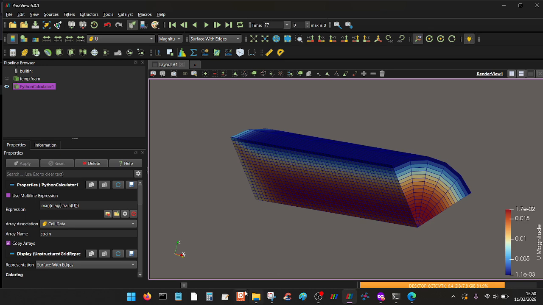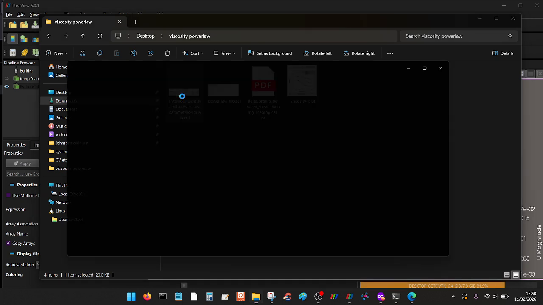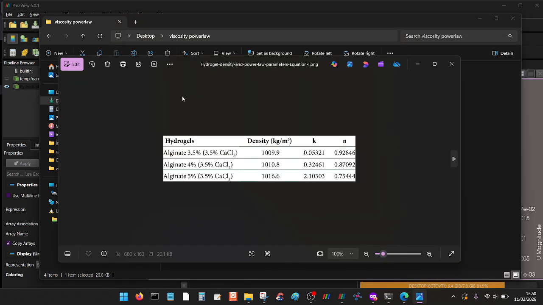And then the interesting bit is that I found a paper which describes hydrogels in terms of their viscosity in terms of the power law. So the power law just means you're specifying two coefficients to get the viscosity.